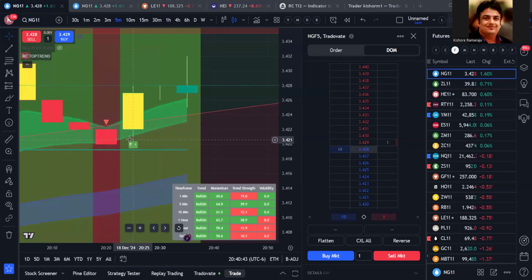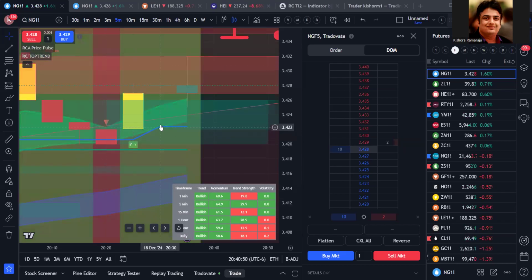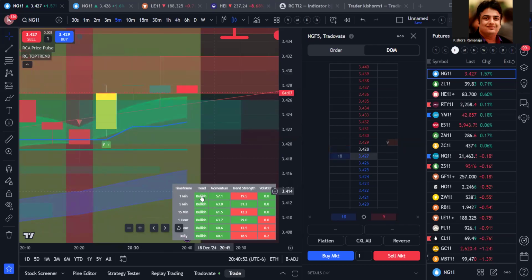This is telling that it will go up. This is telling it will go up. This is telling it will go up. Then your Price Pulse blue line is telling that it is bullish. This column is telling it will go up. This column is telling it will go up. When so many things are giving you confirmation that it will go up, we can confidently take the trade.